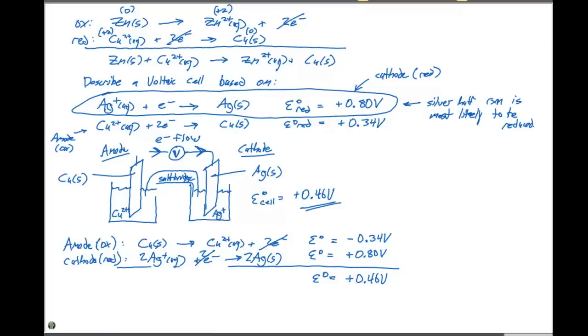So the overall reaction that we have is copper solid plus 2 silver ions in solution, giving us copper 2 plus ions in solution plus 2 silver solid. This gives us the experimentally determined voltage, which was 0.46 volts. And that's going to be the sum of each of these two potentials. Okay?